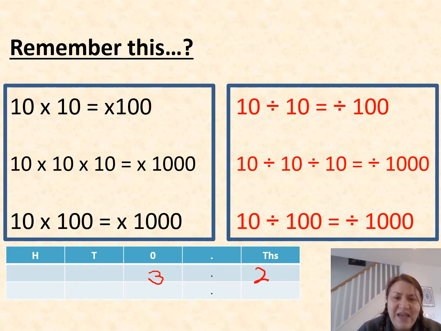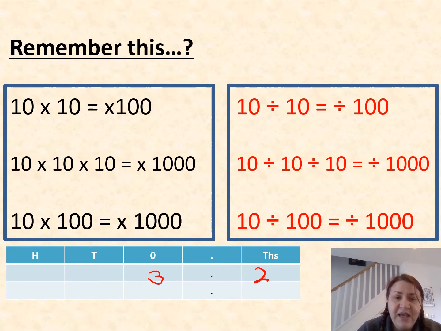So if I times it by 10 and times it by 10 again, that 3 will move, times it by 10 to here, times it by 10 again. And that's the same as timesing it by 100, which is moving it twice. Don't forget the number of zeros shows you how many times you move it.